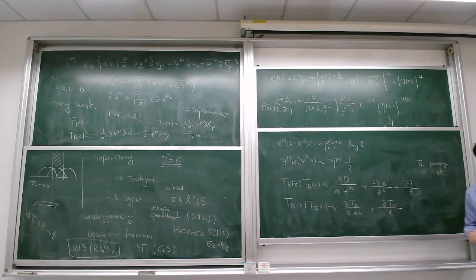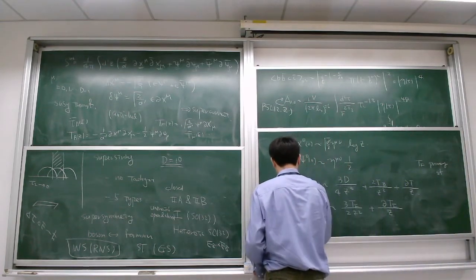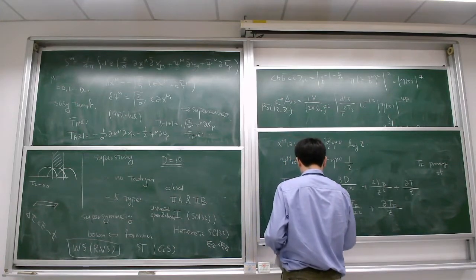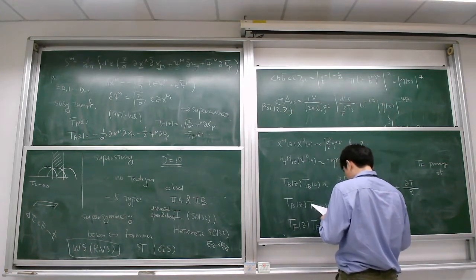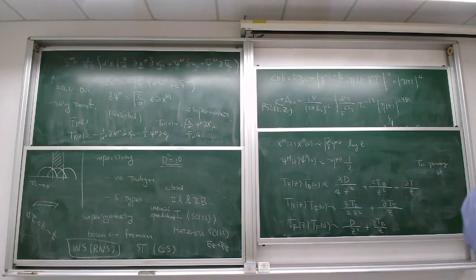What is its conformal dimension? What is the conformal dimension of the supercurrent? Yes, it's conformal dimension 3 over 2.